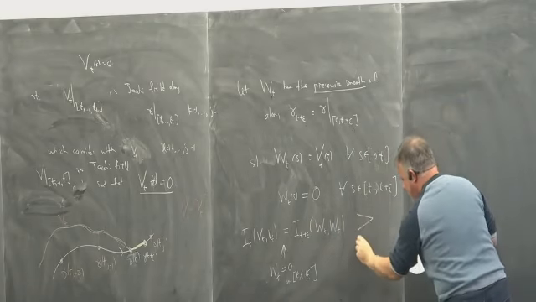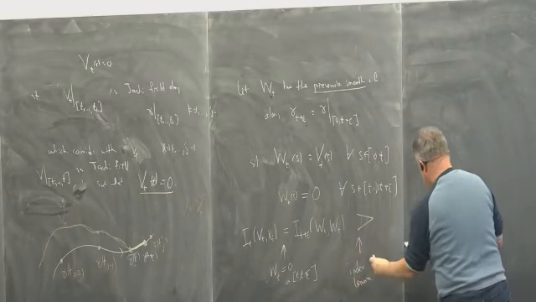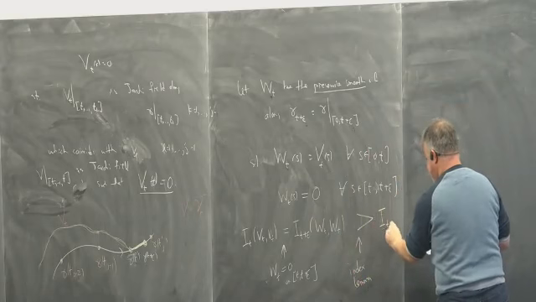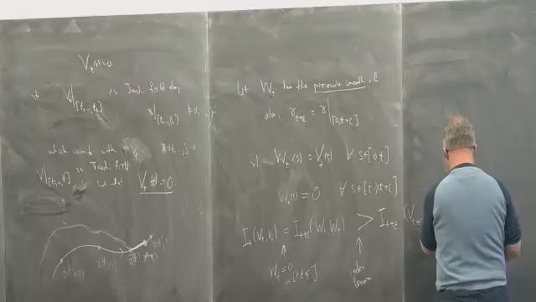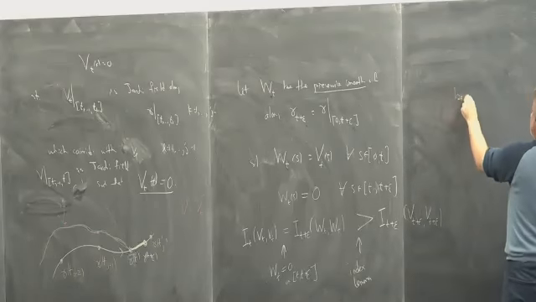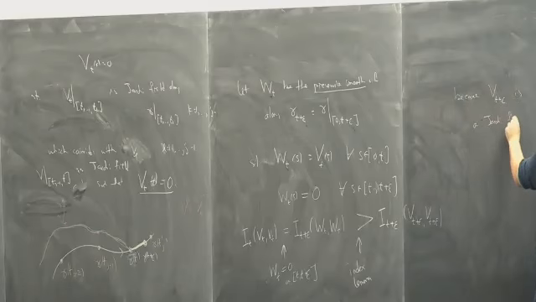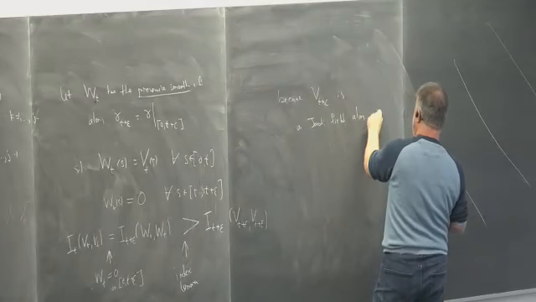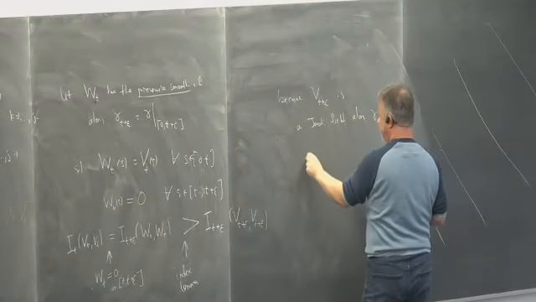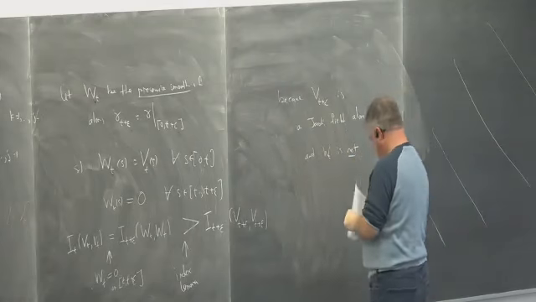And this is strictly bigger by the index lemma than I T plus epsilon of V T plus epsilon, V T plus epsilon. And this is because V T plus epsilon is a Jacobi field along gamma T plus epsilon, and Wt is not. So let's draw a picture to understand this.